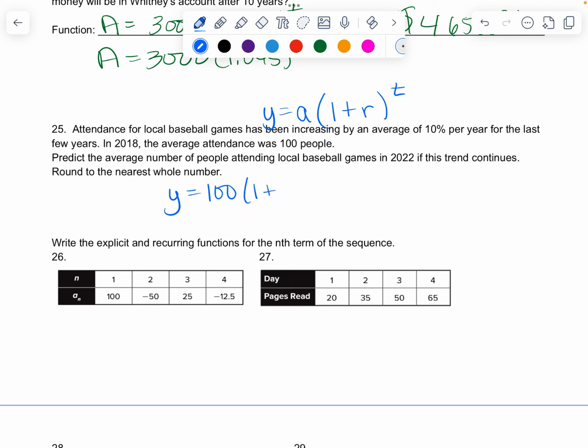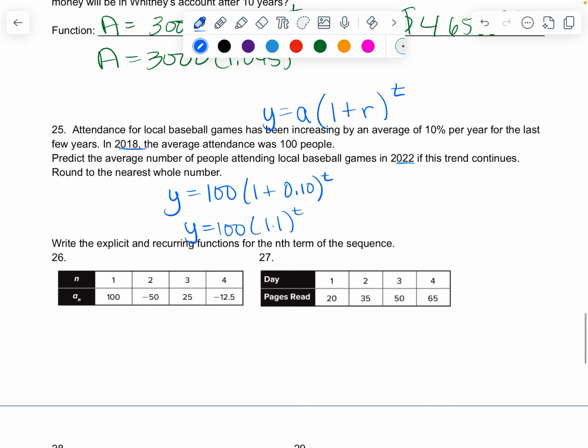1 plus, what's the rate? The rate is 0.10. We know what t they want, but right now that's what we have. Or you could write it as this. Now we're going from 2018 to 2022. That means my t value is going to be 4 years.